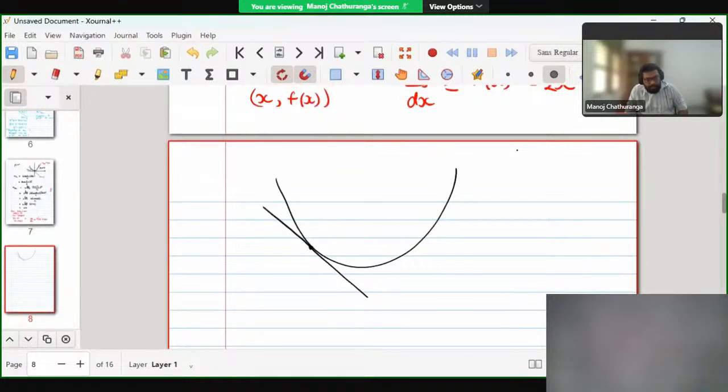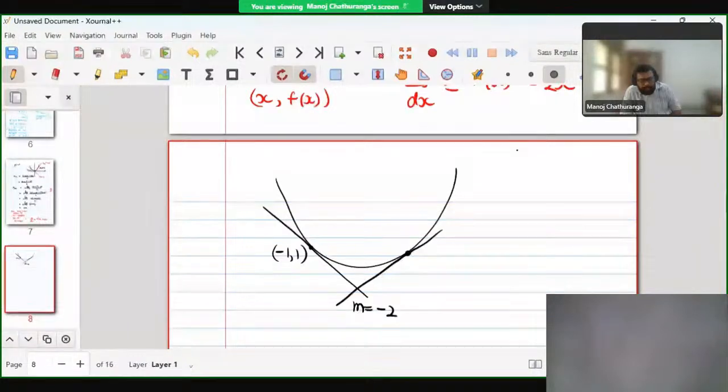So at -1 and 1, the slope of the tangent line is 2 times the x-coordinate. And let's say we want the tangent line at x equals 1/2 and y equals 1/4. The slope of the tangent line at that point is 2 times the x-coordinate, which is 1.